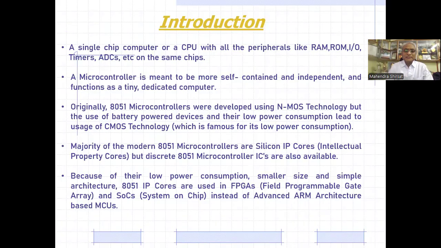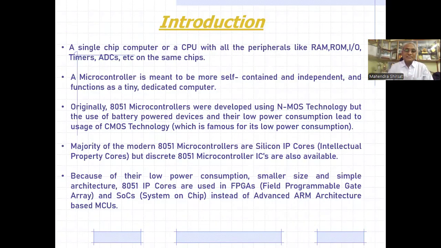Originally, 8051 microcontrollers were developed using NMOS technology, but the use of battery-powered devices and their low power consumption led to the use of CMOS technology, which is famous for its low power consumption. What is the reason? When 8051 microcontroller started manufacturing, initially they used to be developed using NMOS technology.